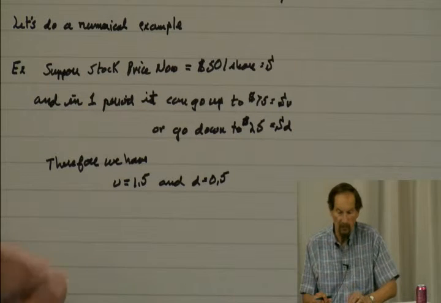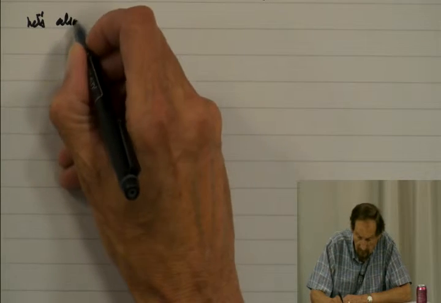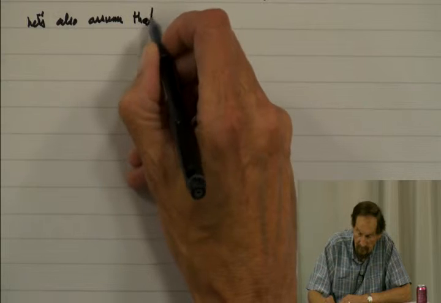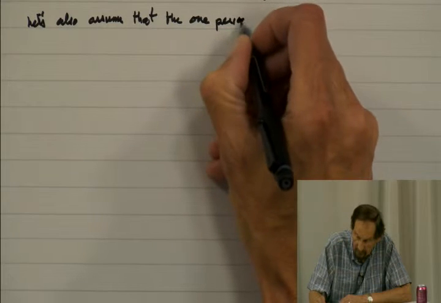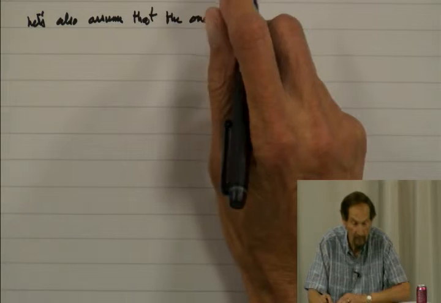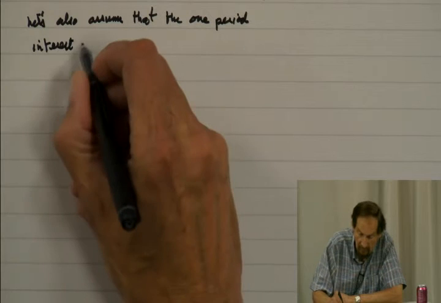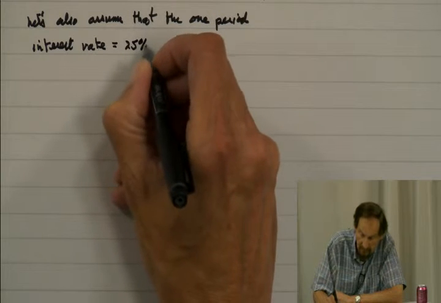Okay, let's also assume the following. Assume that the one period interest rate, this is a very unrealistic interest rate, equals 25%.